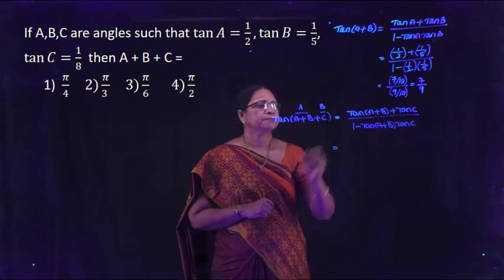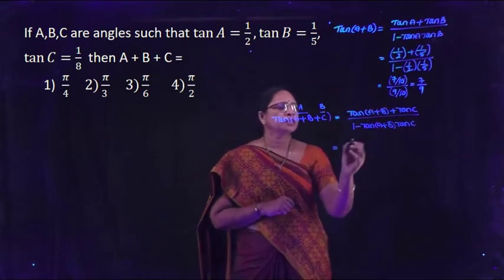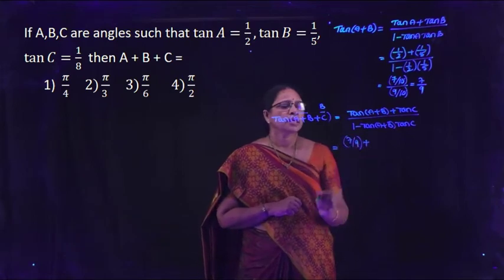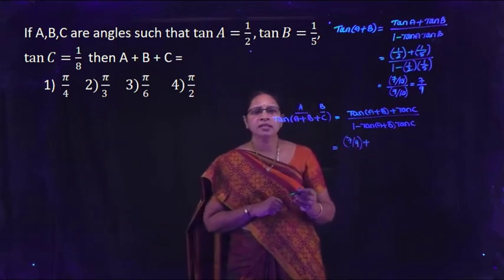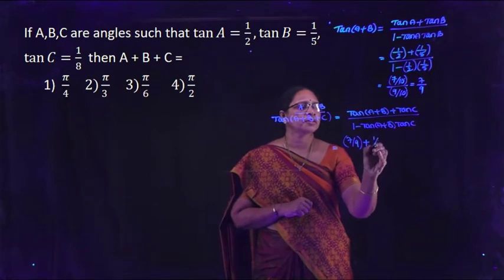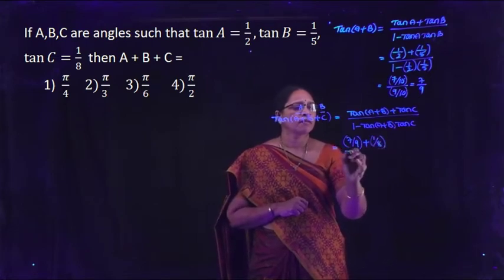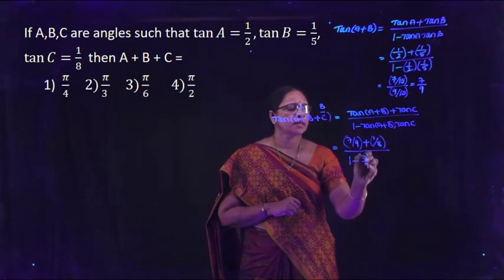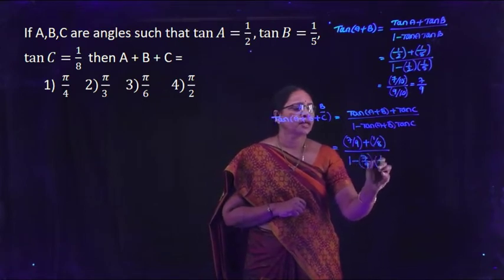That is equal to, we have tan(A+B) is 7 by 9 plus, given that the value of tan C is 1 by 8, whole divided by 1 minus 7 by 9 into 1 by 8.